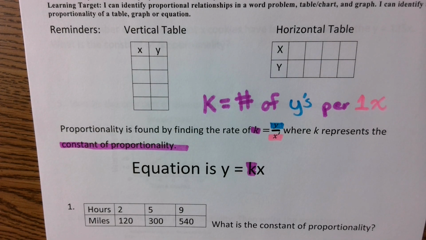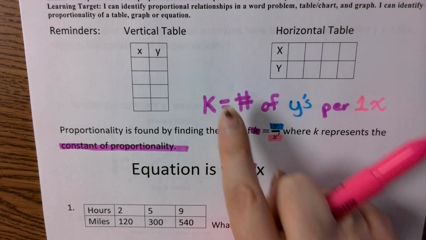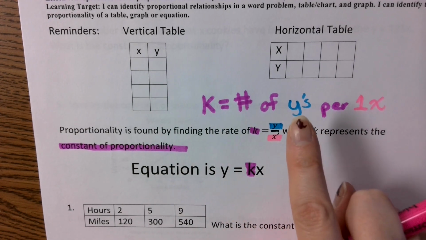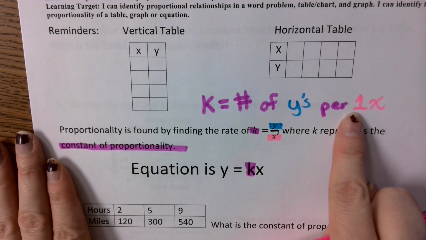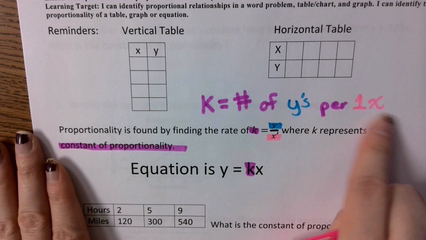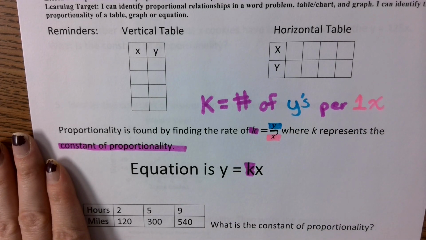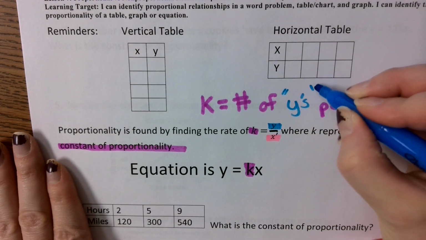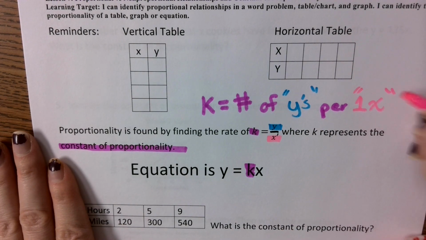K is always going to be written as the number that you find. When you take your y and divide it by x, it's going to give you a number, and you write it as words of how whatever your y is, like maybe it's miles per 1 x, maybe it's per 1 hour. So these are going to be words that you're going to fill in. You have to identify what is the label for your y's and what is the label for your x.